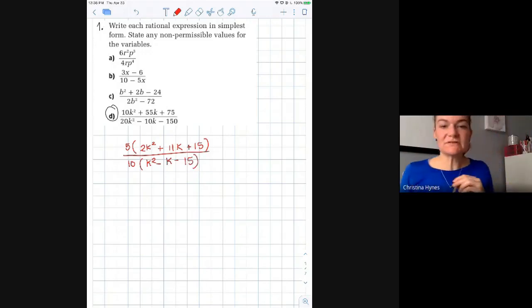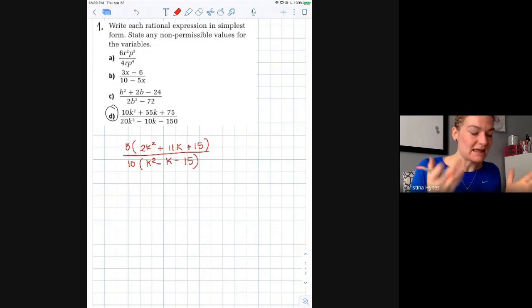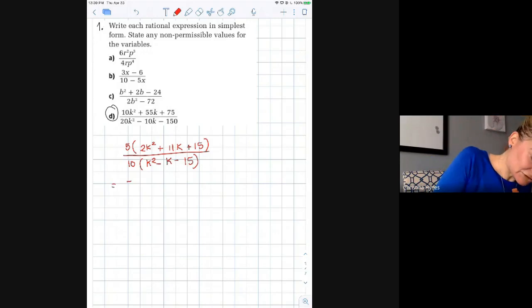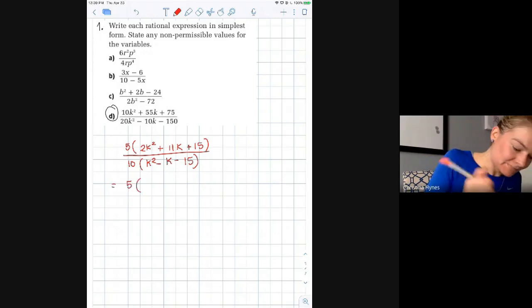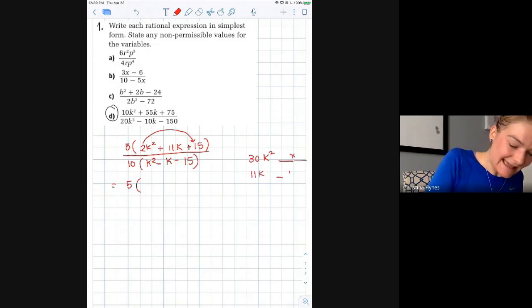Once you've taken out the greatest common factor, next you're going to factor the 2k squared plus 11k plus 15 from the top, and then you're going to factor the k squared minus k minus 15. So I want to find two numbers that multiply to 2 times 15, that's 30k squared, and they have to add up to the middle, which is 11k.